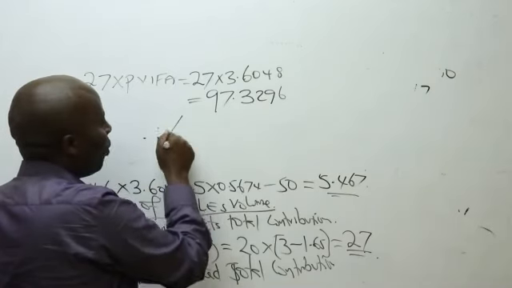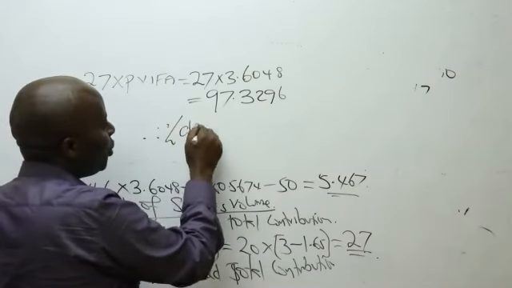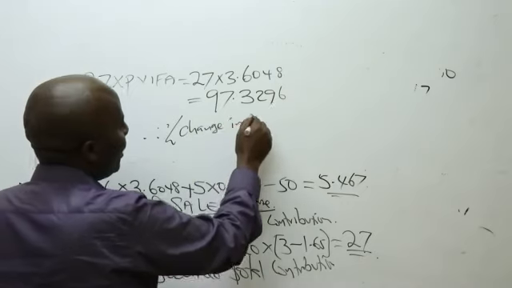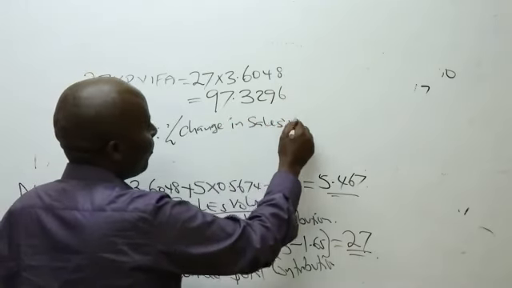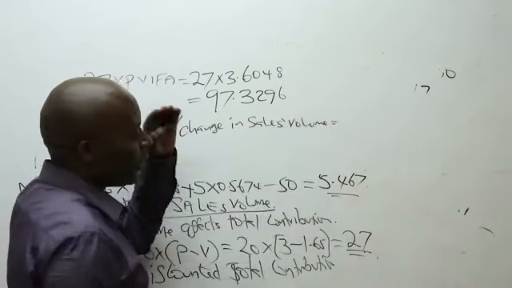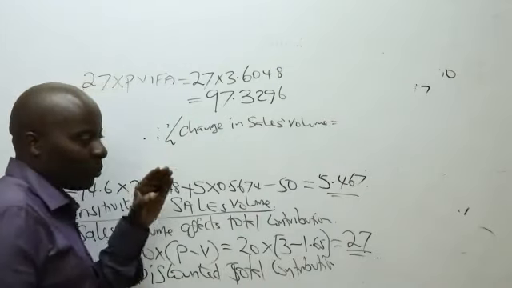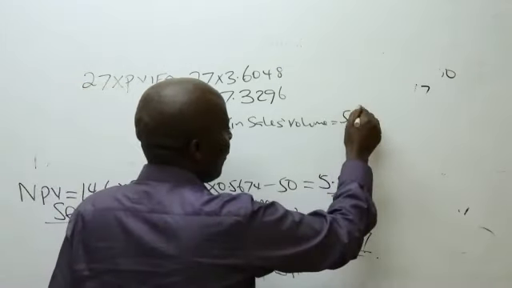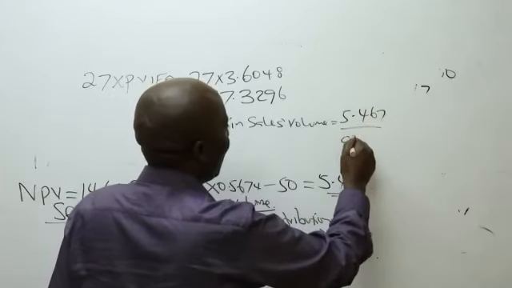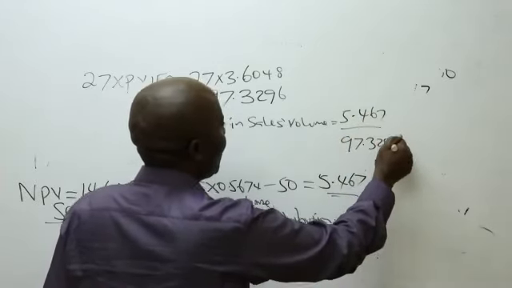And therefore, the percentage change in sales volume will be equal to the net. Always start with the net present value. The net present value is 5.467 all over 97.3296 times 100.